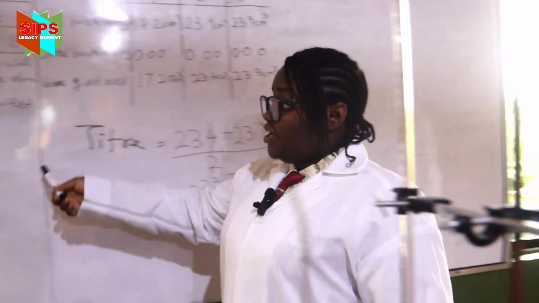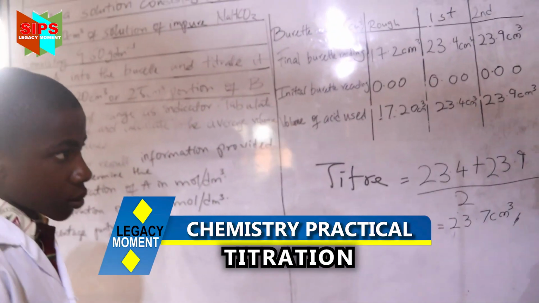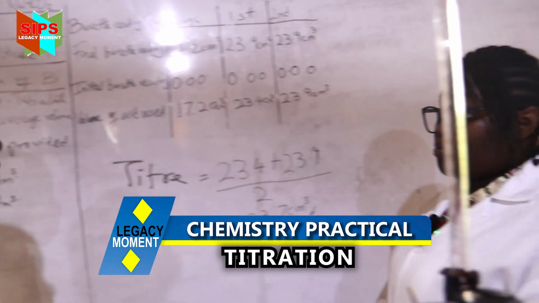So now we start by solving A, which is the concentration of A in mole per dm cube.